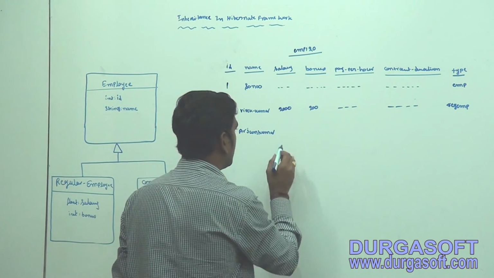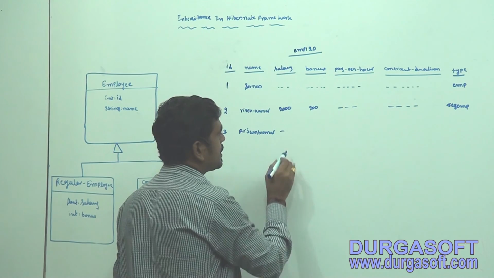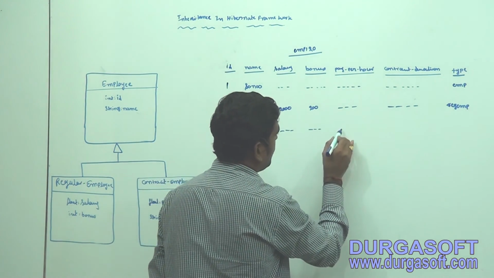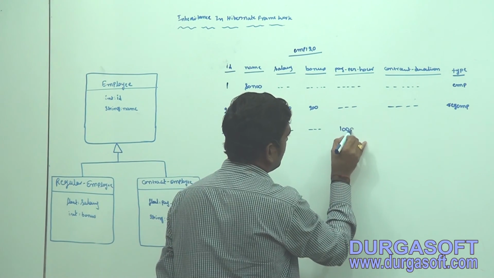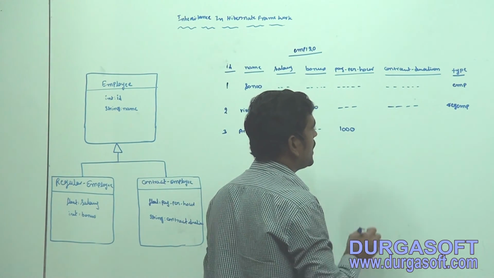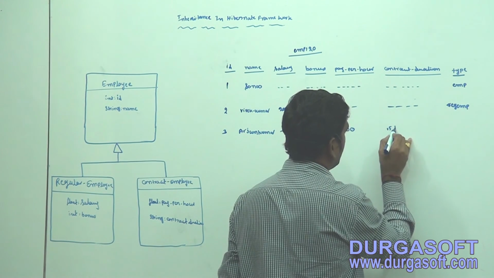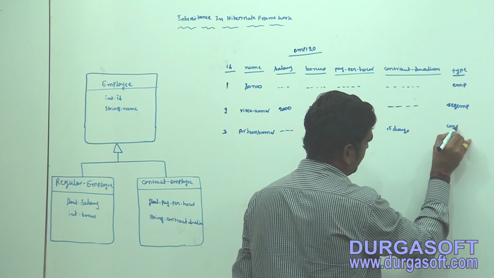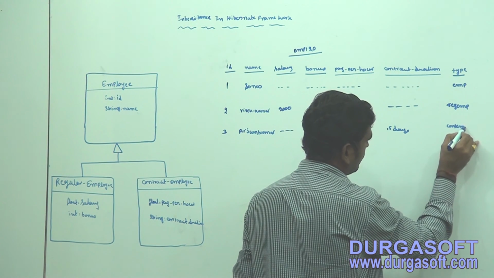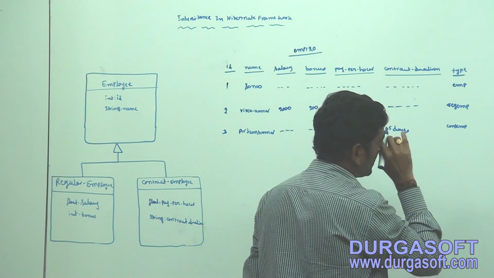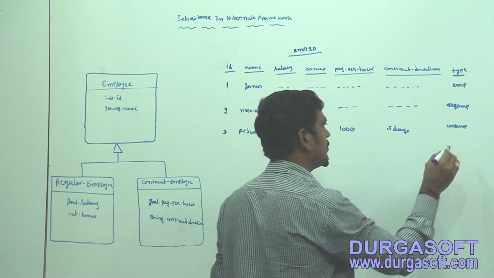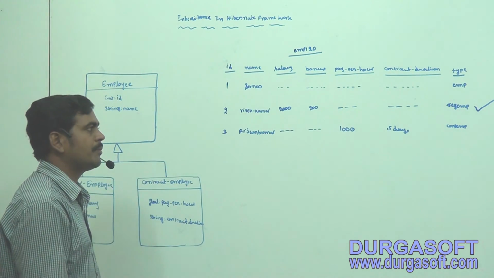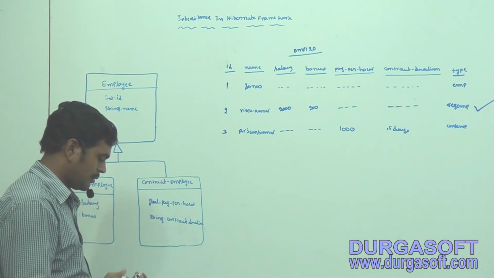Salary, no. Bonus, no. Pay per hour, 1000. Contract duration, 15 days. Now contract EMP. This is our output. Right? Now just observe this example.